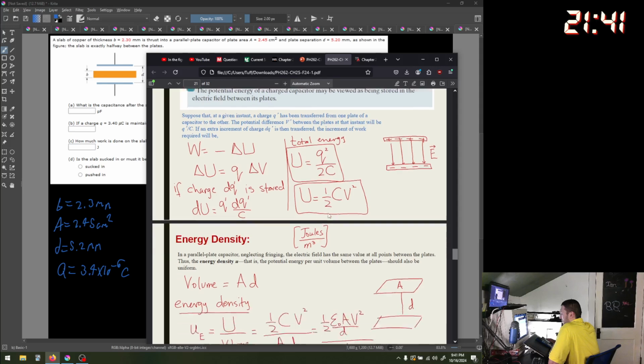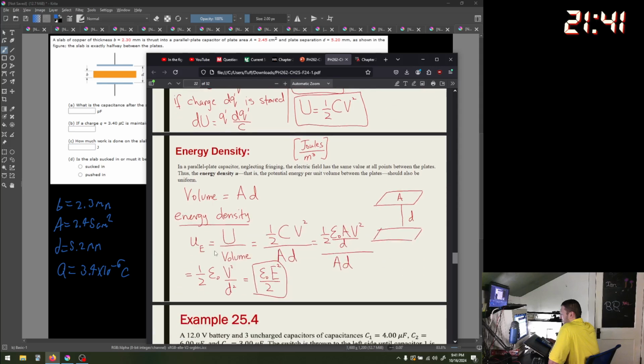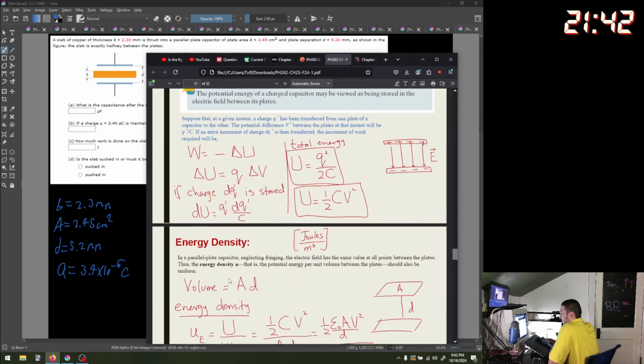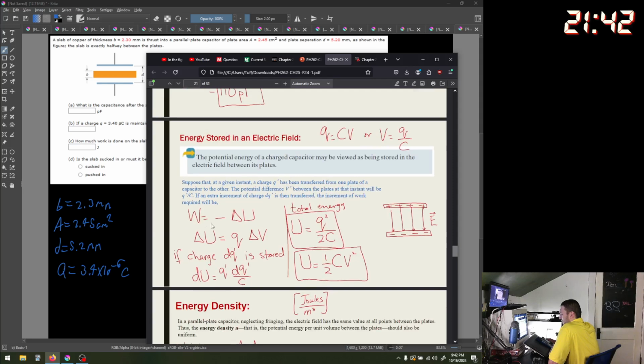U equals Q squared over 2C. U over volume is epsilon 0 E squared over 2. That's energy density. Energy stored, U equals Q delta V, Q squared over 2C. Total energy.